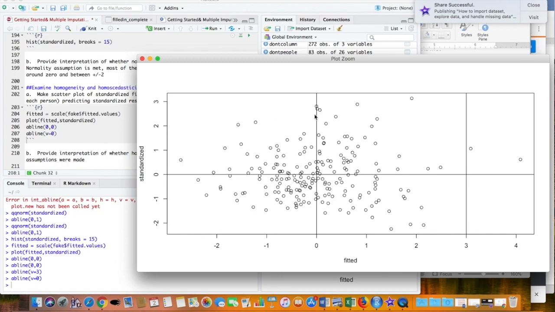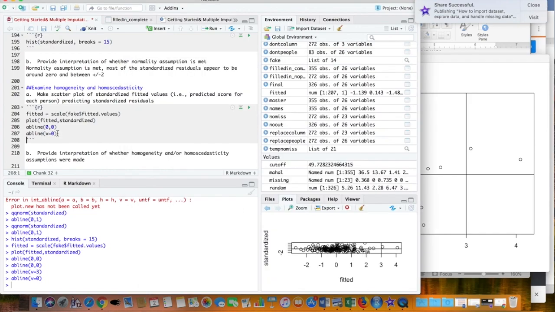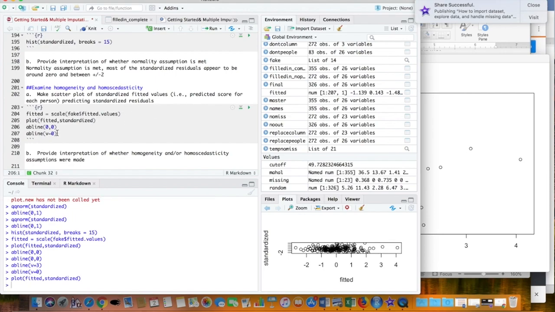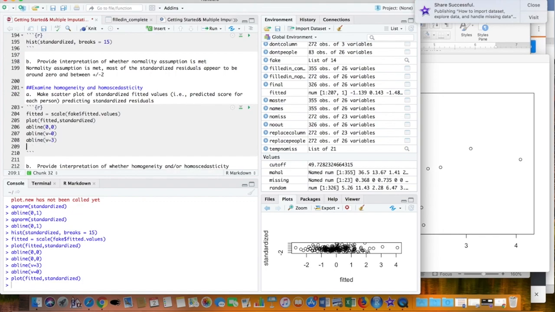If you were to draw an imaginary line, let's just focus on plus or minus 2 and plus or minus 2 over here, and we could actually do that. Let's plot this again. Let's do abline v equals 2, negative 2. Why do I keep doing 3? abline h equals 2, and abline h equals negative 2.